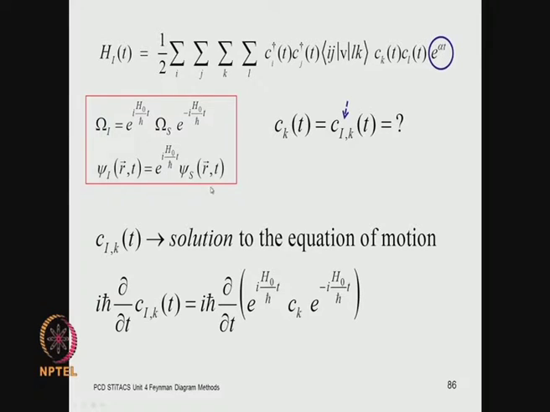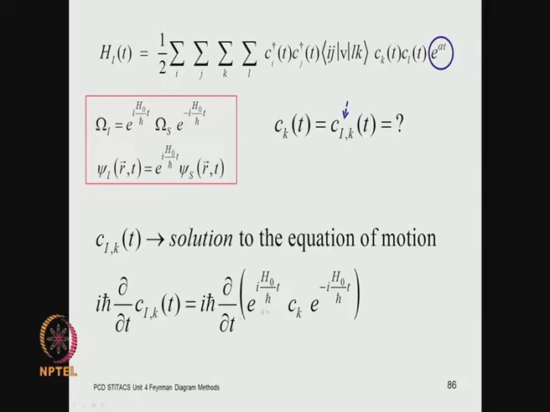So, the equation of motion for the annihilation or destruction operator is this, which is i h cross ∂/∂t of C(t). But C(t) is nothing but an operator which is obtained from C_k, the Schrodinger picture operator, by these transformation operators, according to the general prescription of getting an interaction picture operator from the Schrodinger picture operator.